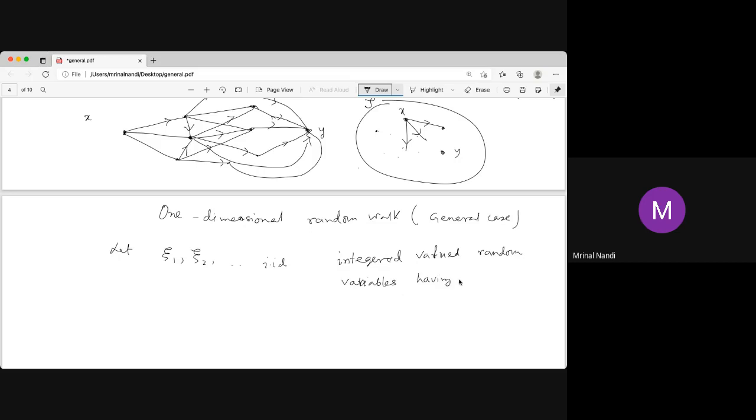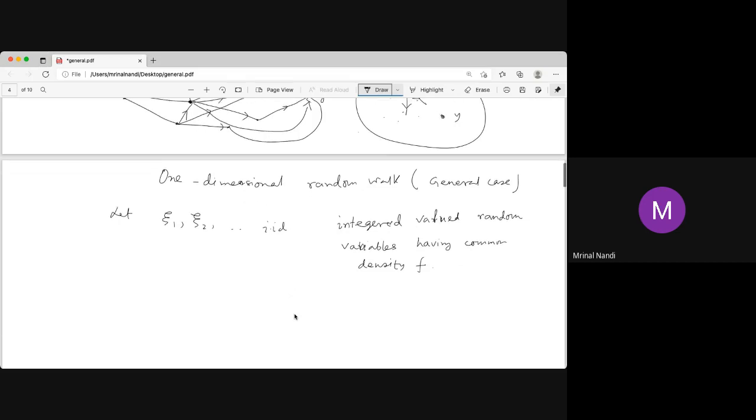Sometimes the PMF is also called density. Density means if it is discrete, then it is a PMF. If I say density f and xi1, xi2 are discrete, then it is not a PDF, it is a PMF. So for PMF and PDF we use the common term density.